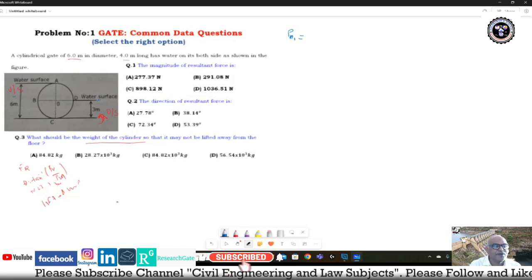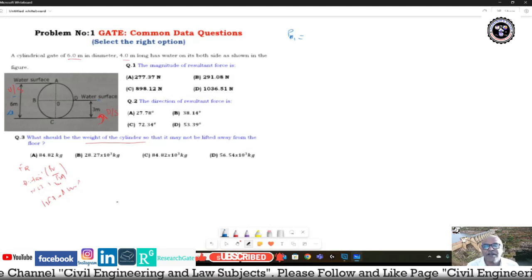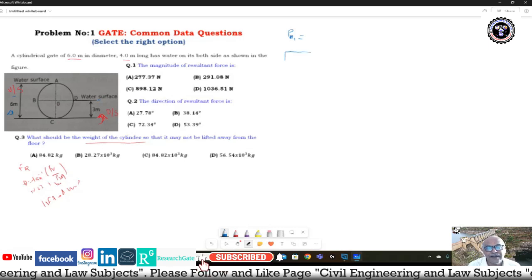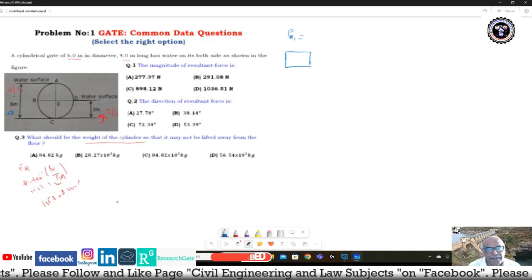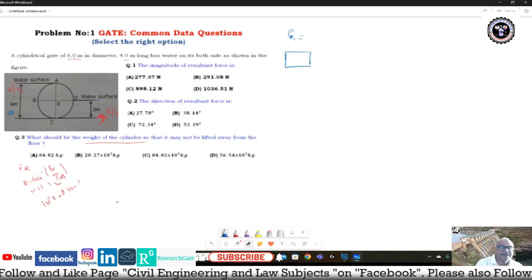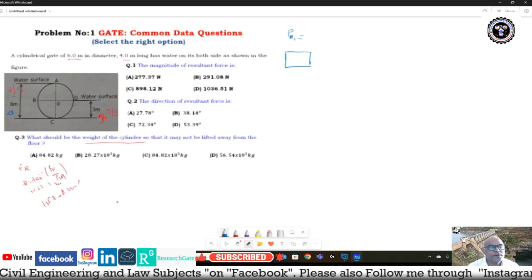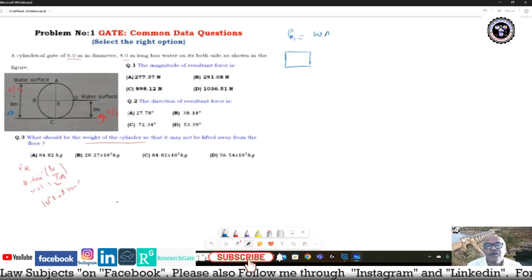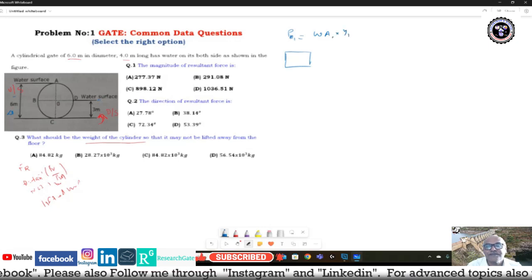When you see from this side, this portion will appear like a rectangle. So pH1 will be W into A1 into Y1 bar, upstream side.